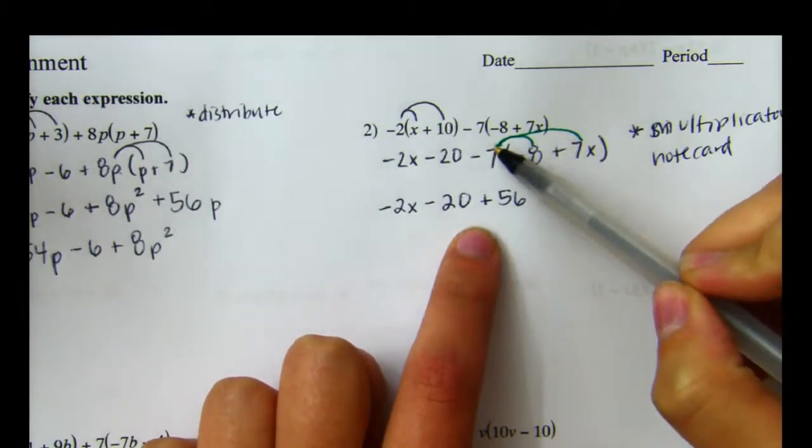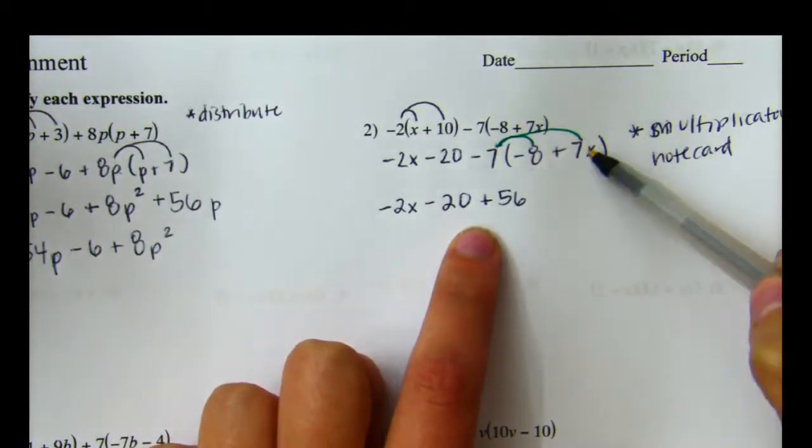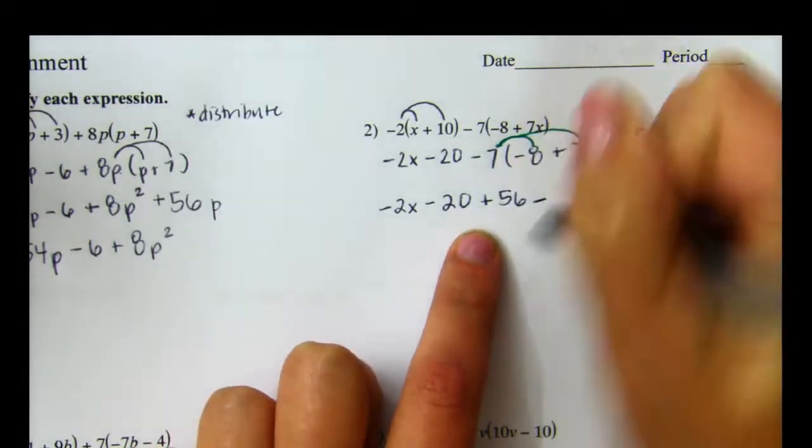Now I'm going to distribute negative 7 times a positive 7x. A negative times a positive gives me a negative, that's right.